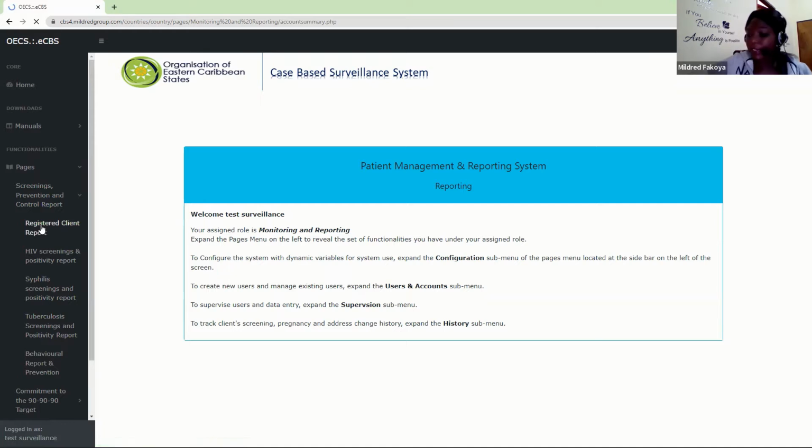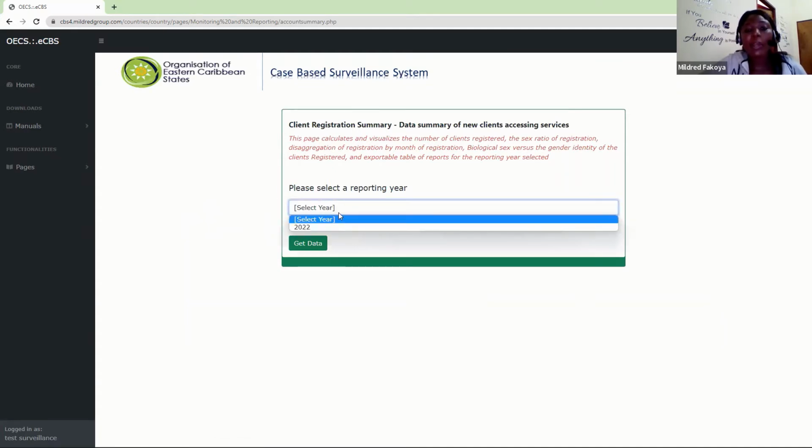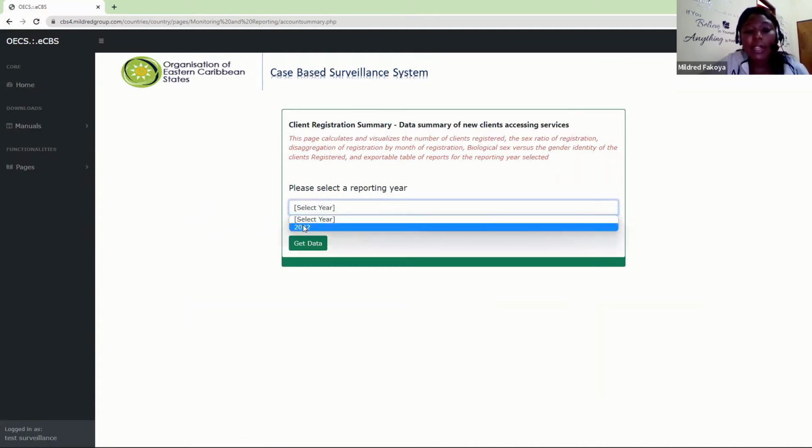For registered client reports, you have a screen that lets you select a year from a drop-down menu of years. This drop-down menu is populated based on all the years that the system finds. So if you have records from 1978, you are going to see all of the years that you have records for on the system.